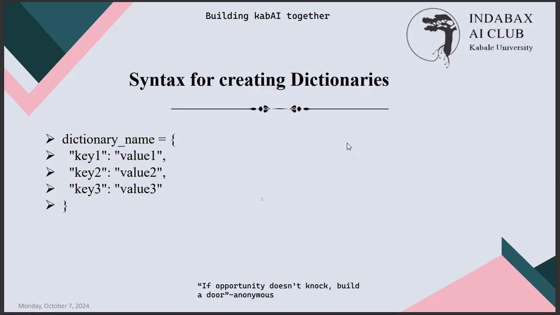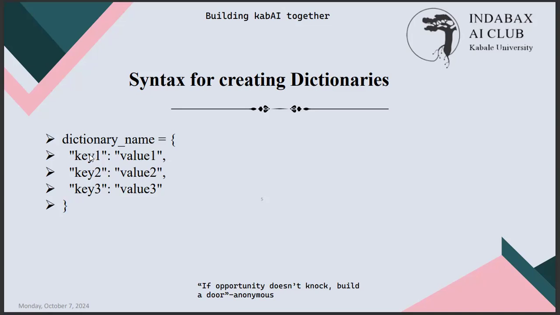So how do you create dictionaries? This is the syntax for creating dictionaries. First of all, you have to give a name to your dictionary, use an assignment operator, the equals sign, and then you put curly brackets, one opening and the other one closing. In between is where you put your key value pairs.